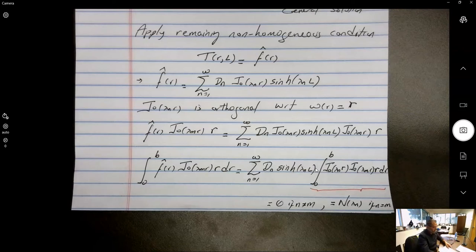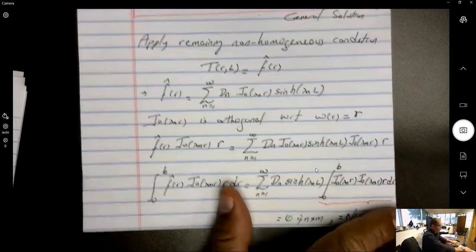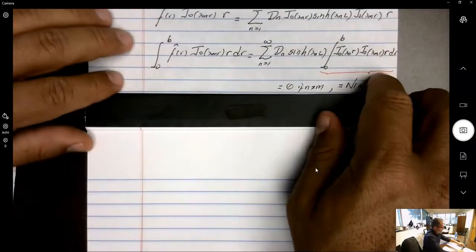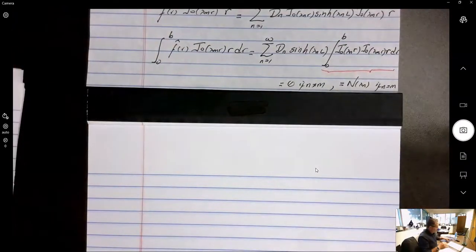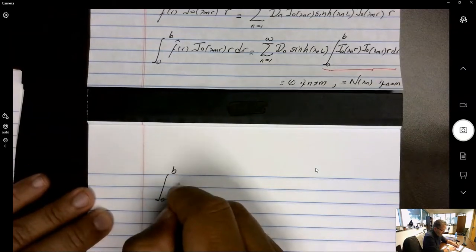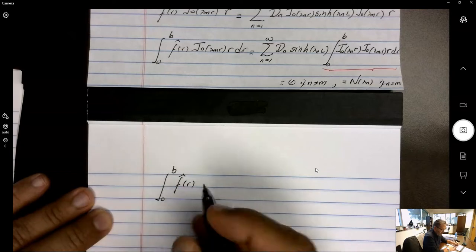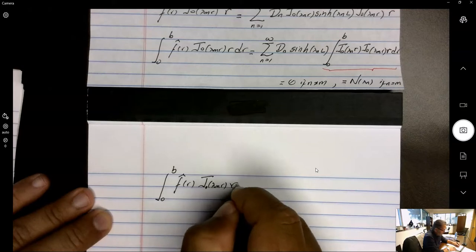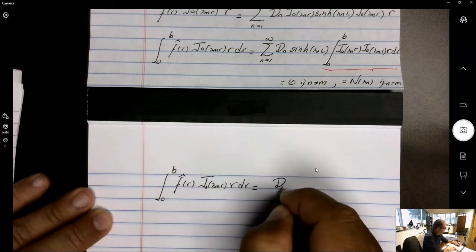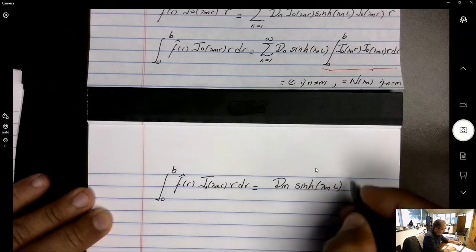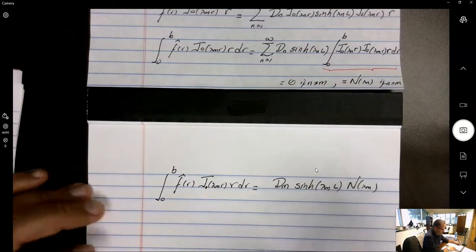So basically, what we have is the integral from 0 to b, f given boundary condition, and J0 of lambda m r, r dr is equal to dm sine hyperbolic of lambda m l times the norm of lambda m, which can be found directly on the table.